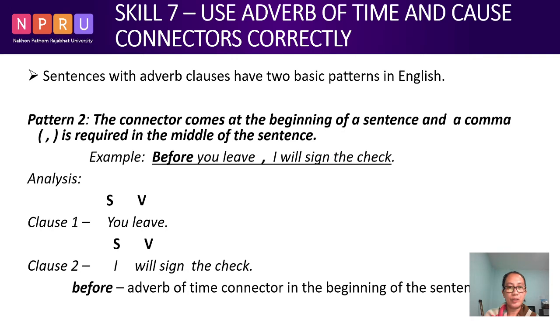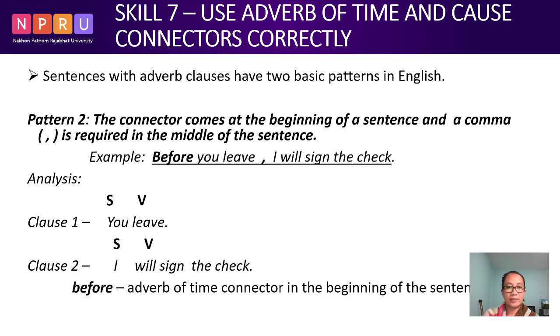In pattern number 2, okay, what is this? In pattern number 2, the connector comes at the beginning of a sentence and a comma is required in the middle of the sentence. So what is in the middle? It's the comma because the adverb clause is where? At the beginning of the sentence, in clause 1.